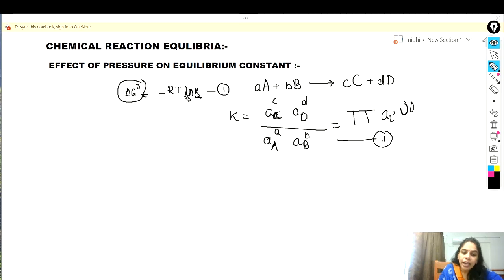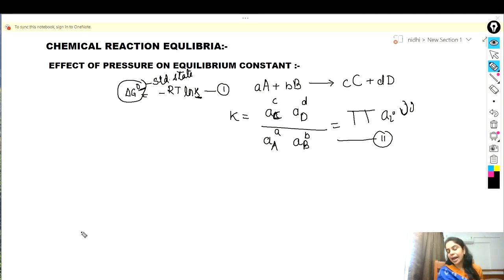And the standard free energy of a reaction is determined by the free energies of the substances in their standard state. The standard states are defined by specifying pressure and are in no way affected by the reaction pressure.